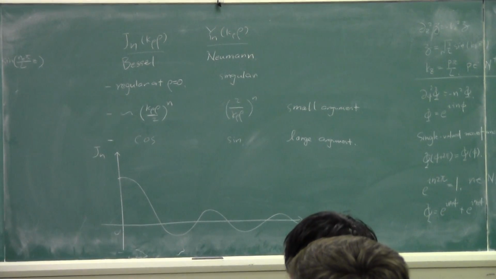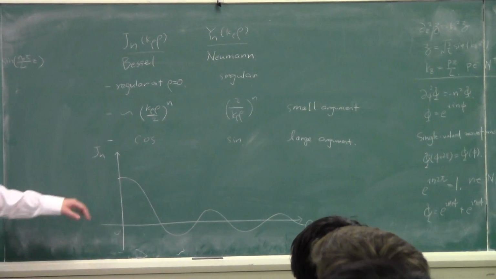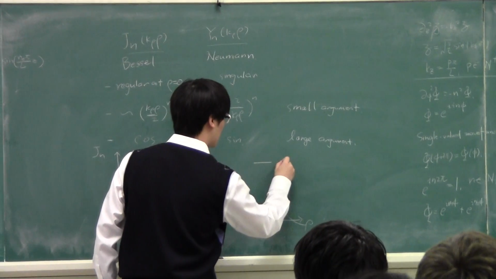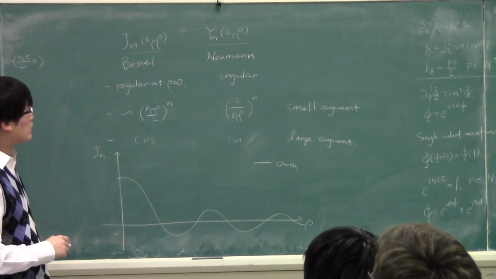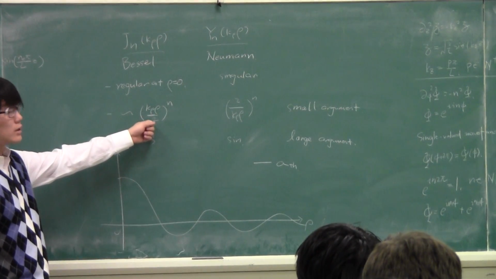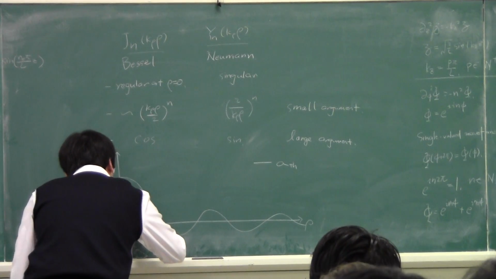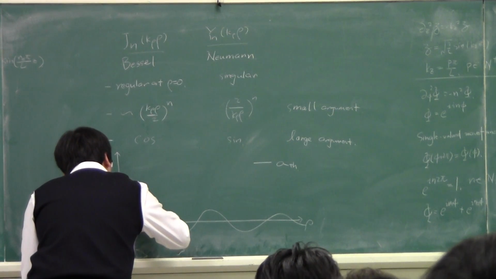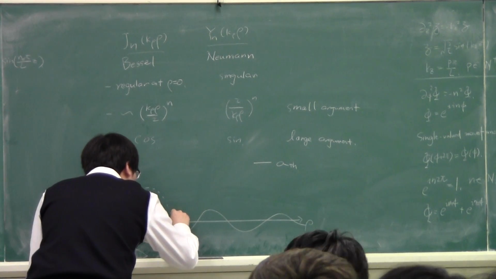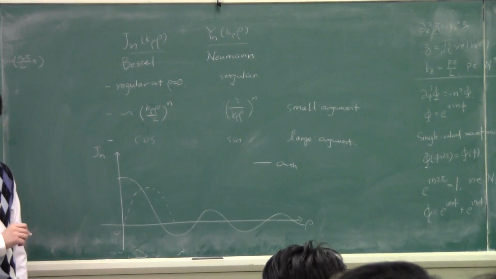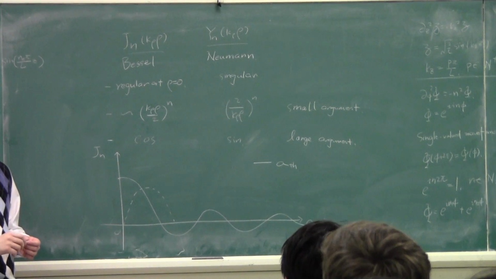That's the first one. That's the zeroth order Bessel function, so let me label this with zeroth order. Now for the first order, the curve comes out as a linear function. And there's actually a relationship about the derivatives of the adjacent order Bessel functions.